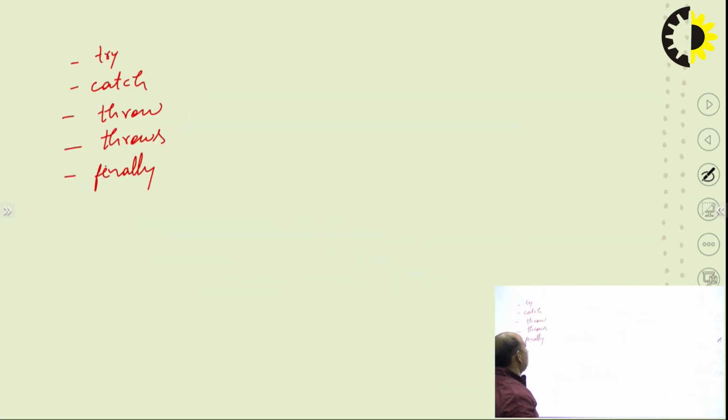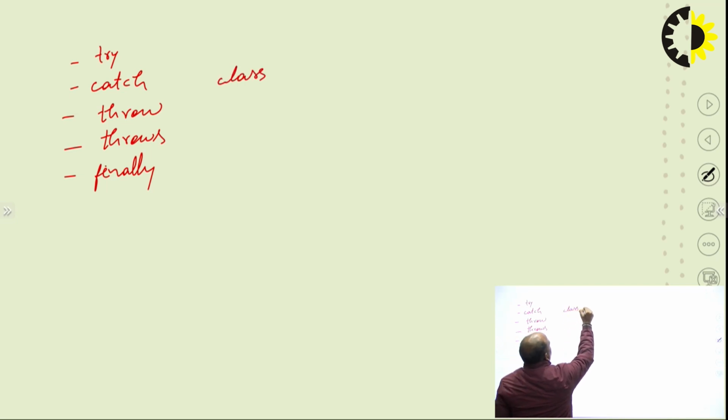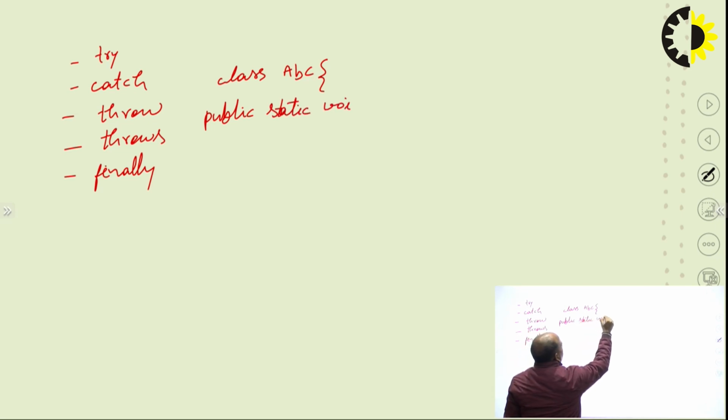Let's understand it here. I am writing the same code, class ABC, and in this class there is public static void main function.